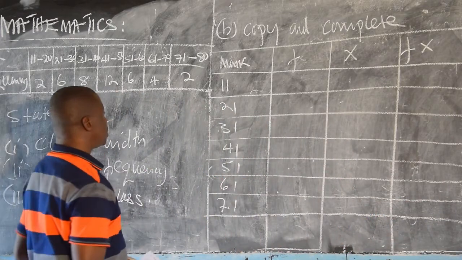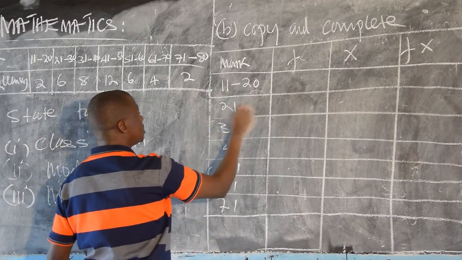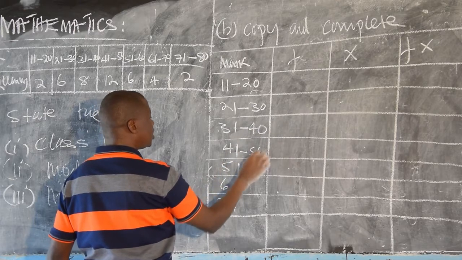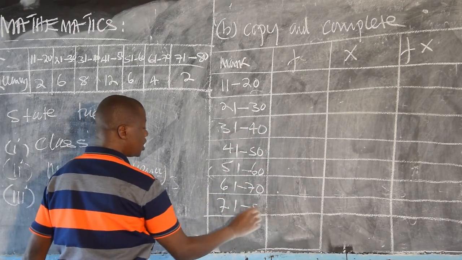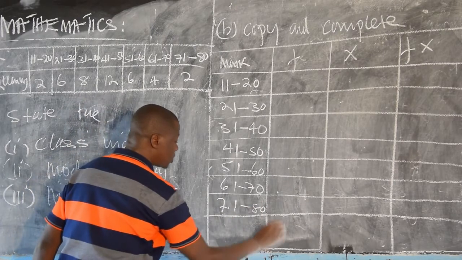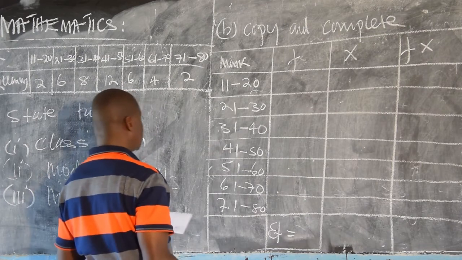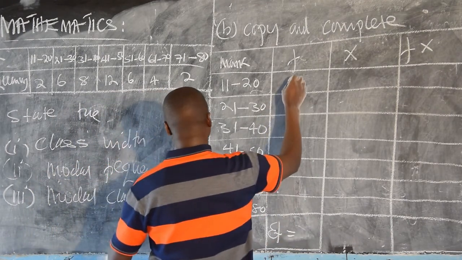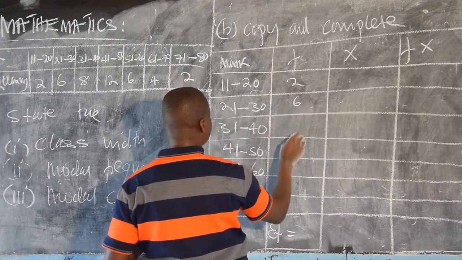That is 11 to 20, 30, 40, 50, 60, 70, 80. Summation F. Then the frequency, we have the frequency 2, 6, 8.